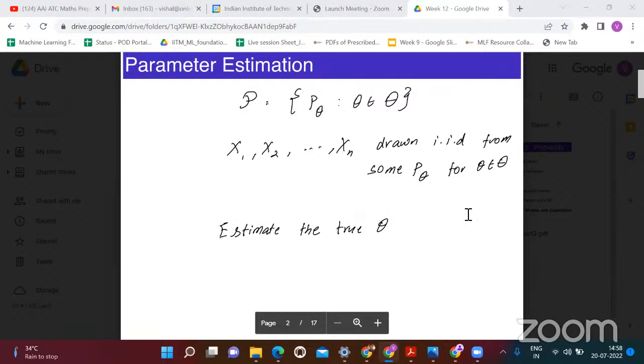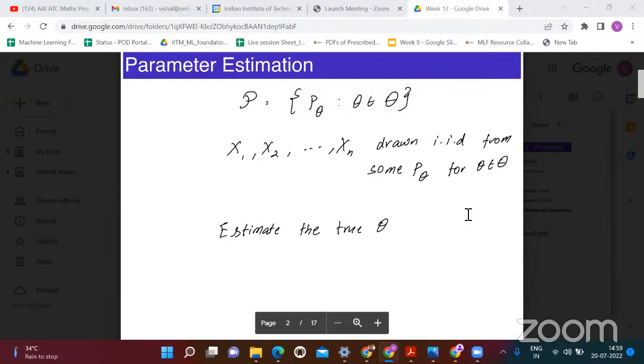All the samples should be independent of each other. So the distribution that I'm taking the data set from is, for example, the normal distribution. The normal distribution has the parameters mu and variance. If I'm taking some data set, I should know where I'm getting it from. I know this is coming from a normal distribution, but if I'm not knowing the parameters, I can't say anything about it.